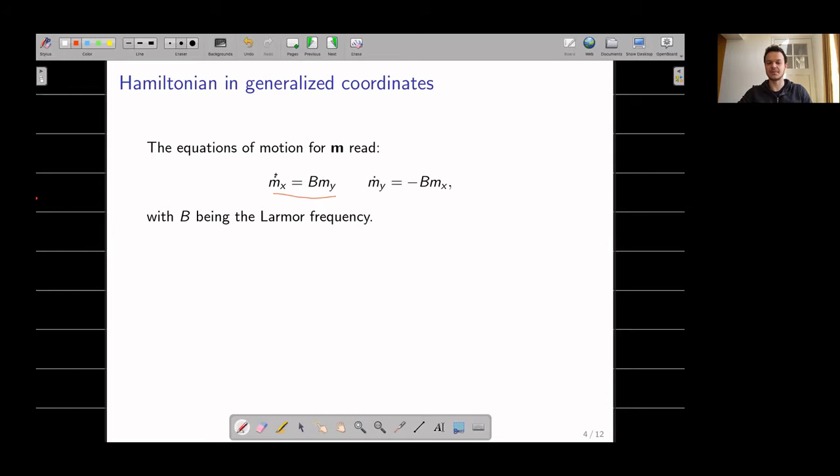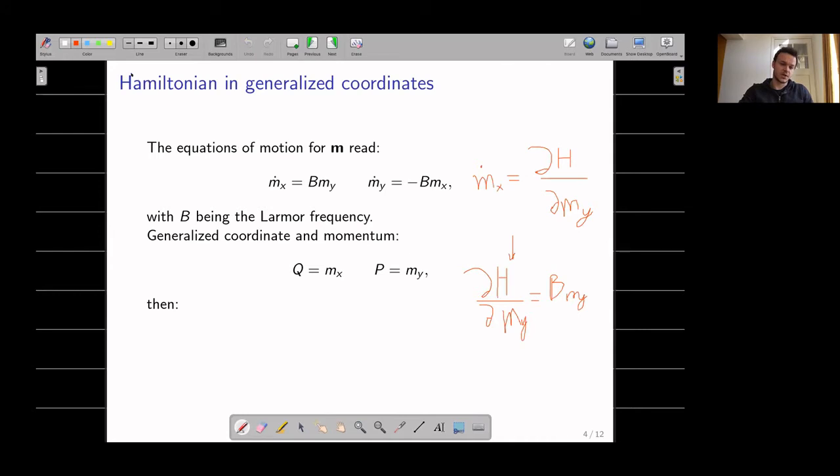The dot represents the time derivative of the magnetization along a certain direction. We have the magnetic field, and as you can see, it seems that they're cross-related. X is related to y, and y is related to x. The time derivative of x is related to y, and the time derivative of y is related to x, mostly.